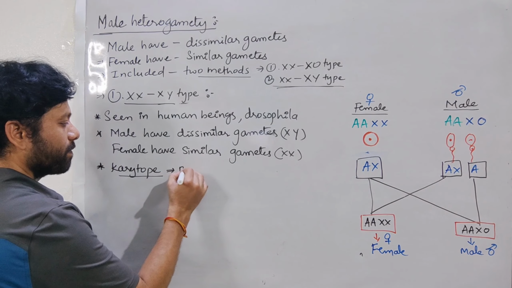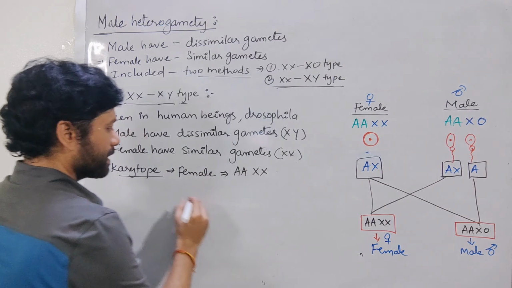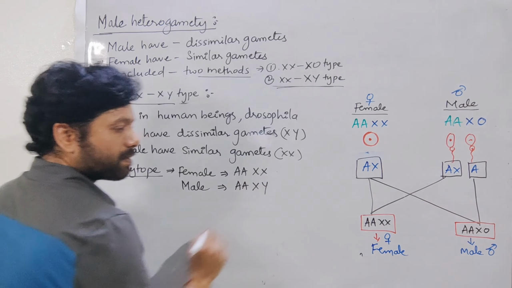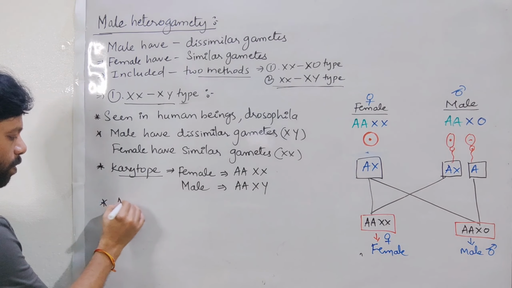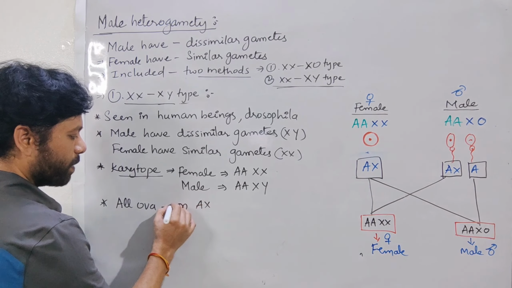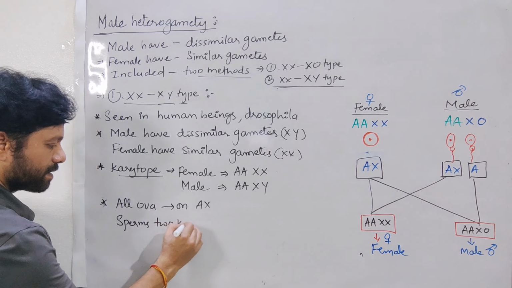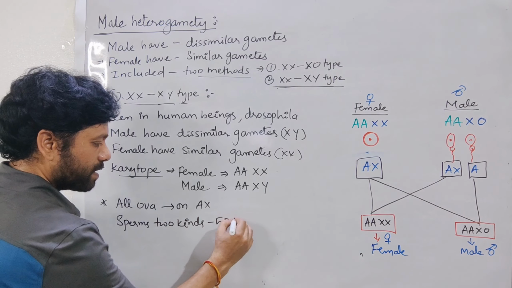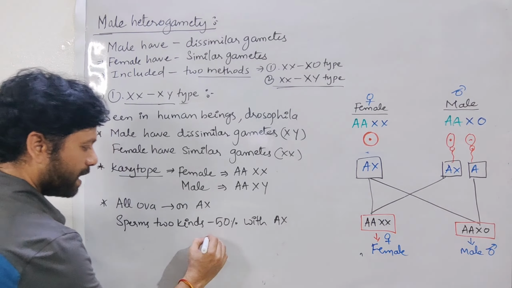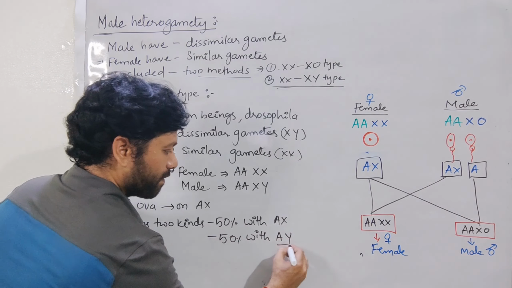So here female: what? AA means autosomes, XX. Male: AA, XY. So here all ova carry the AX complement of chromosomes, and sperms are two kinds, 50% with AX and the remaining 50% with AY.